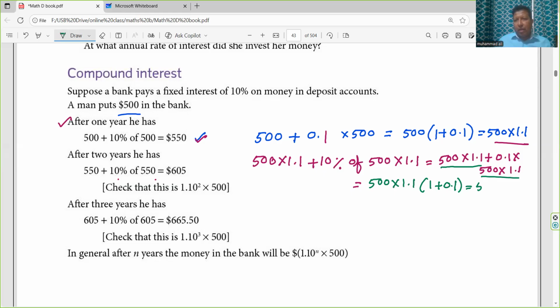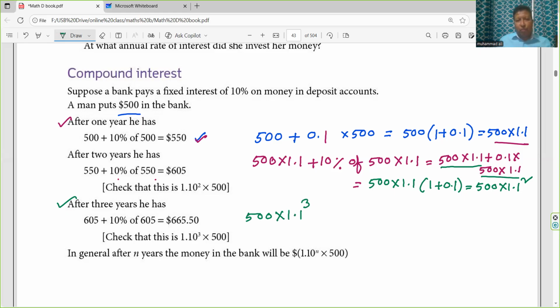So at the end of the second year, we'll get 500 multiply 1.1 squared. In this way, if we proceed, after the end of 3 years, we will get 500 multiply 1.1 to the power 3.